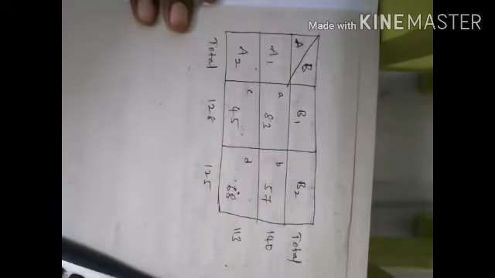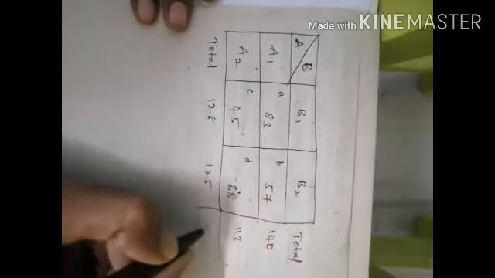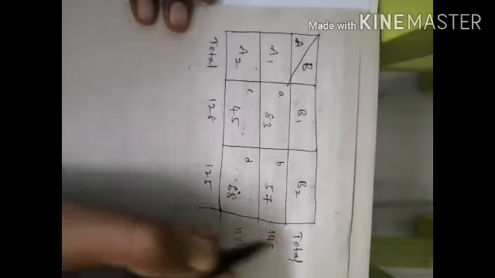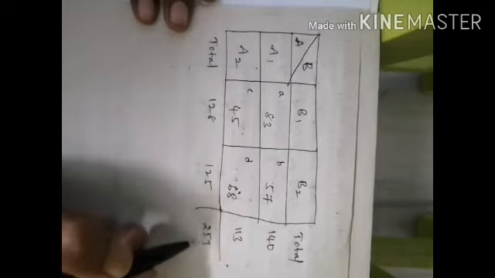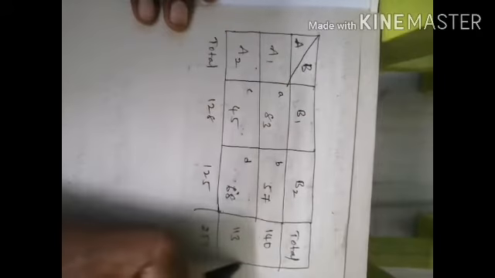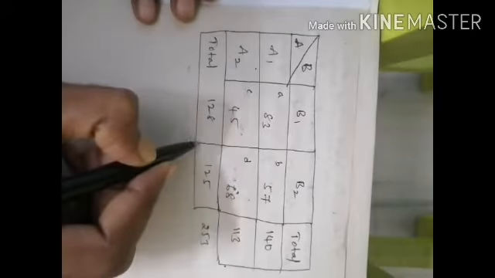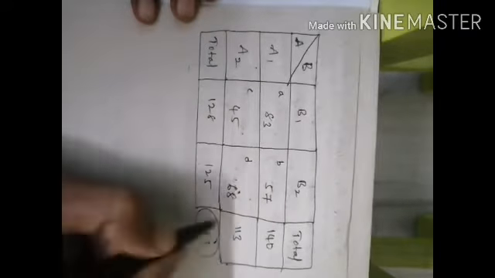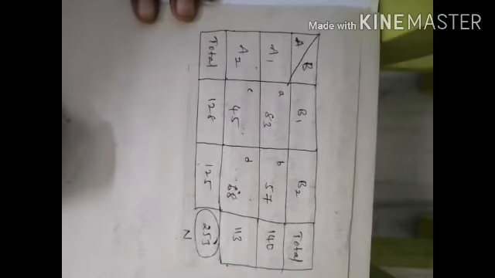So when we add this total, 125 plus 128 is equal to 253. When we are adding these two totals, we need to get the same value. So this 253 value is capital N.